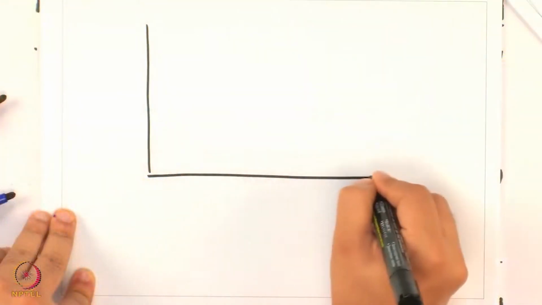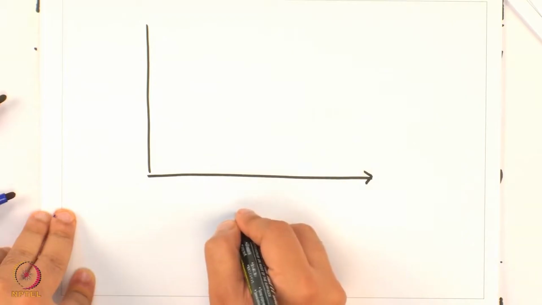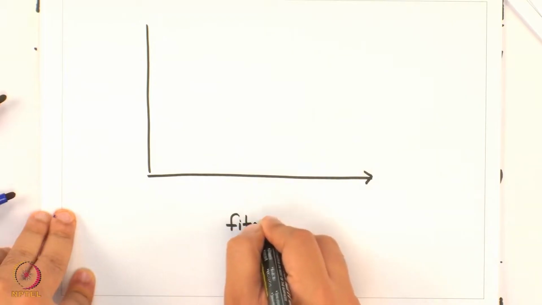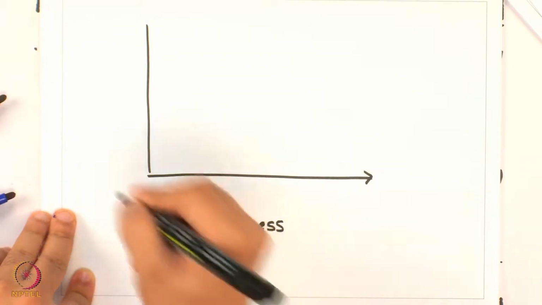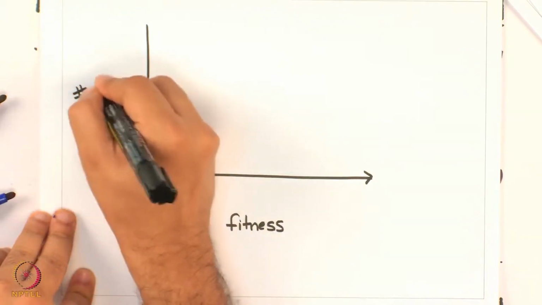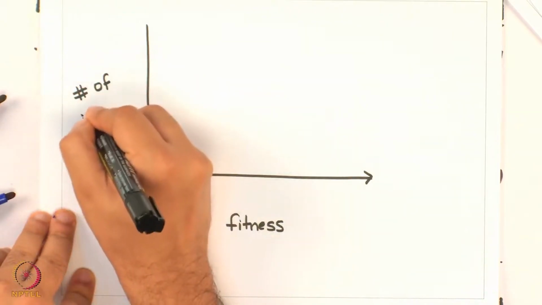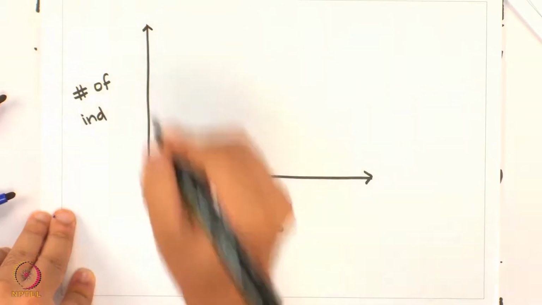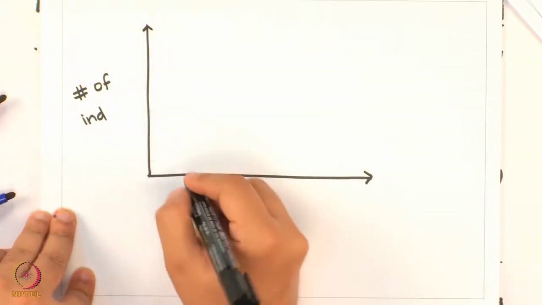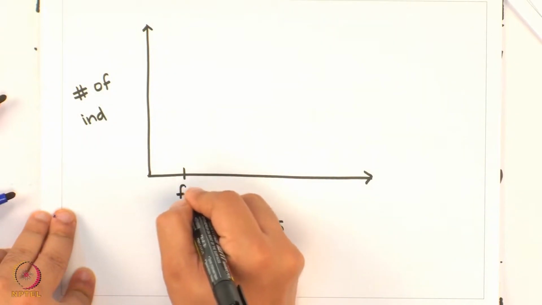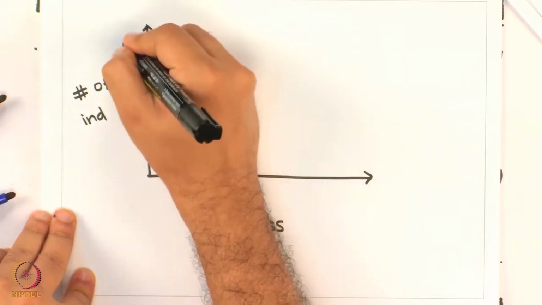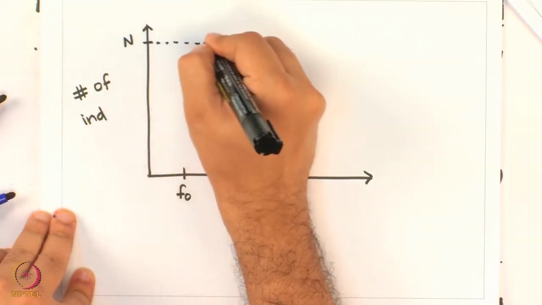So, in this third representation we have fitness on the x-axis and number of individuals on the y-axis. Now, what this means is, let us say this is F0 and this is N, which is the maximum number of individuals in the population.